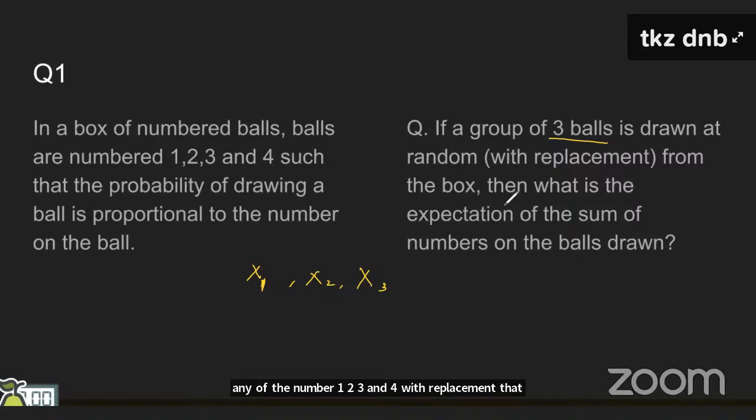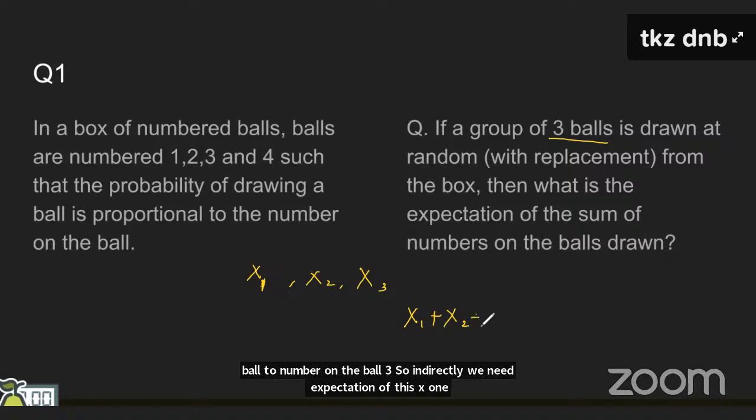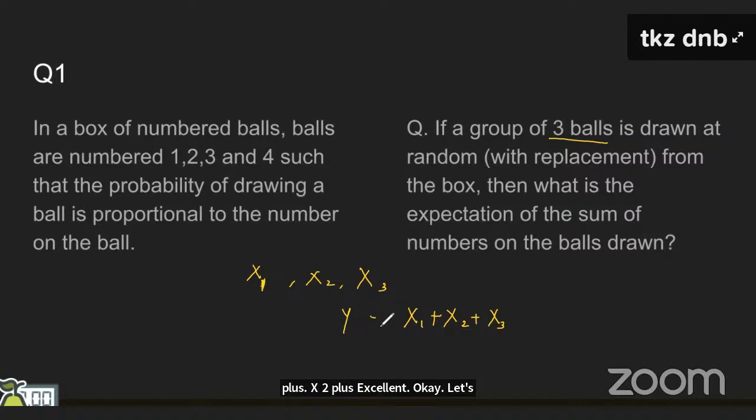Then what is the expectation of the sum of the numbers on the balls drawn? We need the expectation of X1 plus X2 plus X3. Let's say this is Y, so we need to calculate the expectation of Y, which is the expectation of the sum of X1, X2, X3.